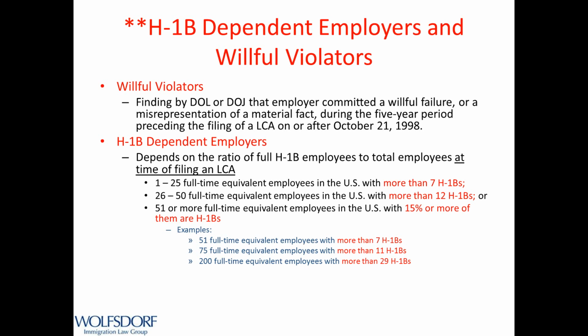So it kind of dips down, and that's a silly provision of the law, but nonetheless one that employers in those circumstances need to be aware of. Of course, there are some exceptions for willful violators for specific types of individuals that they're going to hire who would otherwise be exempt from this calculation. But if you have any questions about that, let us know.